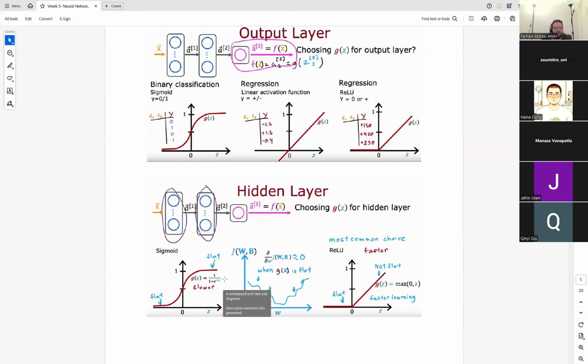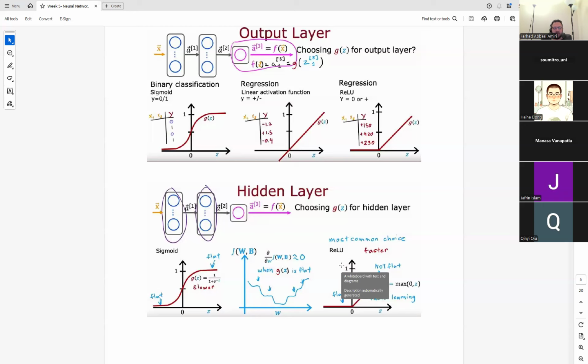The computer needs more work to calculate this function compared to that function. That's the first reason, not the main reason, that ReLU could operate faster than the sigmoid function. So choosing ReLU as an activation function could help you reduce the computational cost and make your neural network faster.